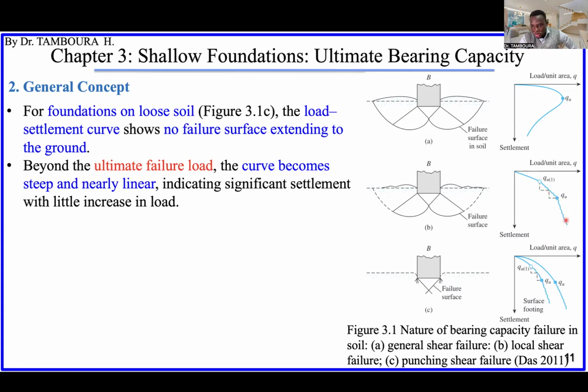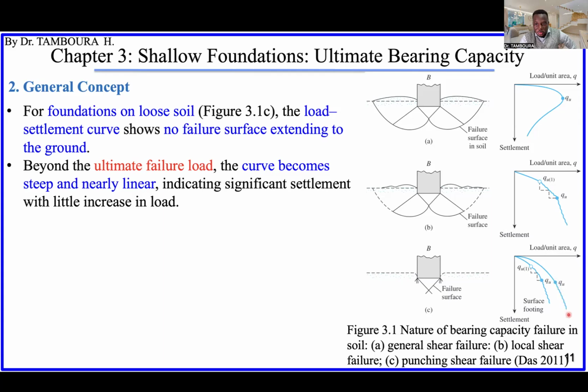You can see that the curve is curved at the beginning, it's not linear like this one. This one was very linear, but here it just curved. And from here, you will see that it starts to be almost linear.